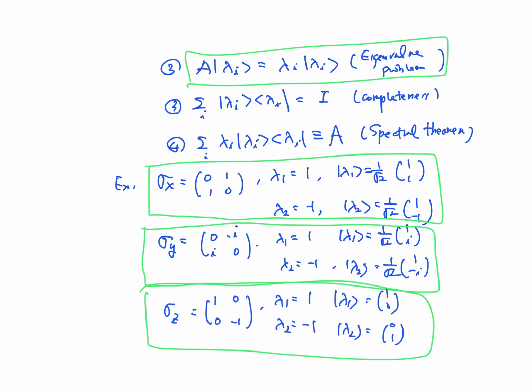This one, right? Lambda 1 is equal to 1, I associate with the eigenvector basis, hat lambda 1 is 1 over square root of 2, 1 i, right? So actually you can solve this eigenvalue problem and find out this eigenvector is the same, right?